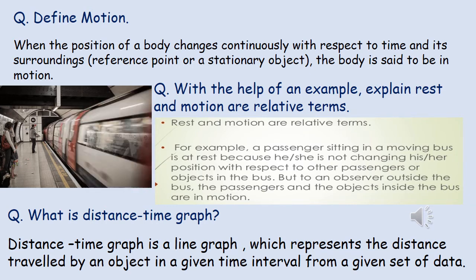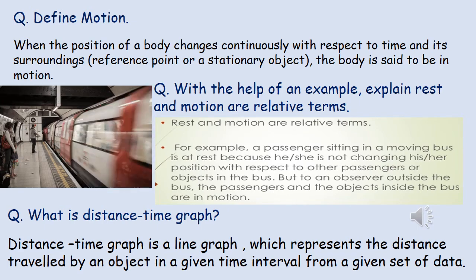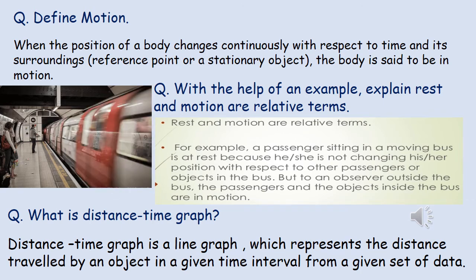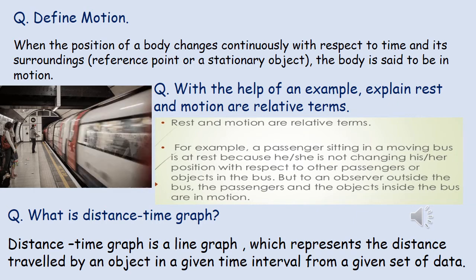But to an observer outside the bus, the same passenger is in motion because he is seeing from a different reference point which is outside the moving vehicle. So, about the passenger, we cannot say that he is either at rest or in motion. It all depends on the reference point.